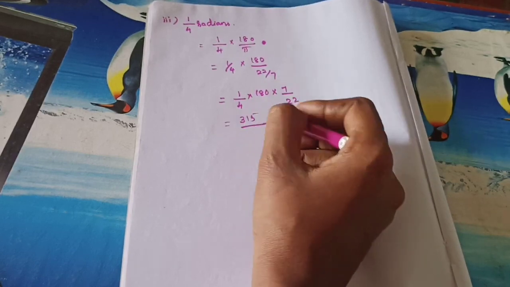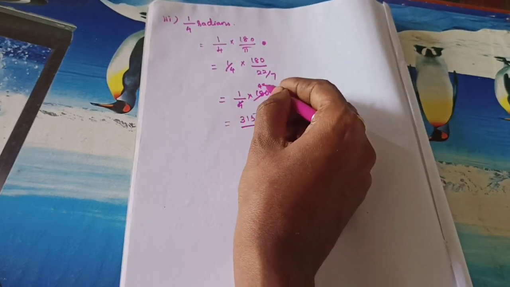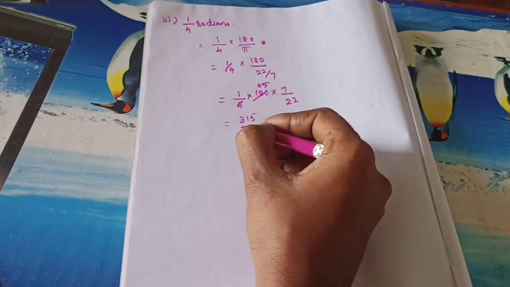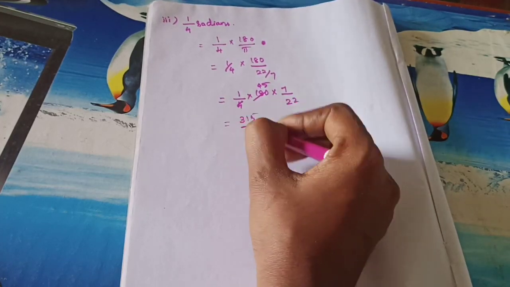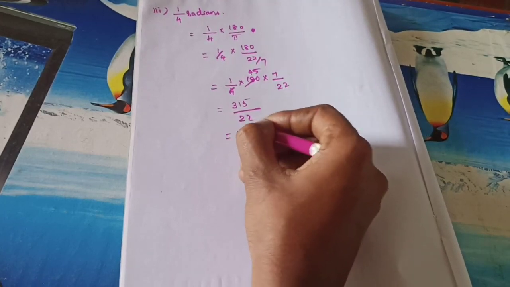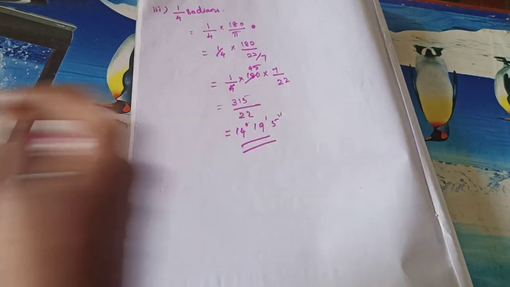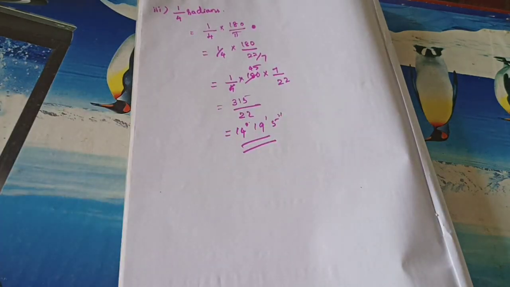If you divide and multiply, it will be cancelled, so you will get 45. So 45 into 7 divided by 22. If you divide this value, you will get 14 degrees 19 minutes and 5 seconds. You can calculate this using the calculator, otherwise you can do the division.